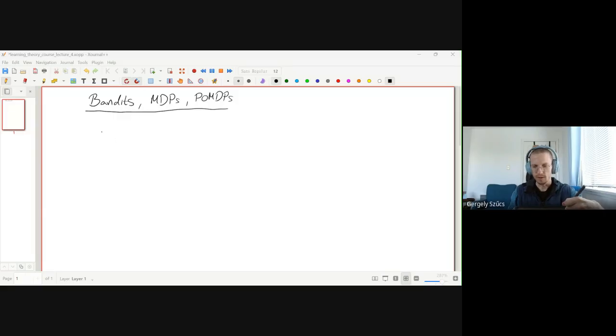I guess first of all, just a high level comment is that bandits are special in the sense that it's a pretty narrow setup, but a lot of the ideas that come up when looking at the simple case of bandits are actually fairly general. So in that way, it's a good playground or toy example.